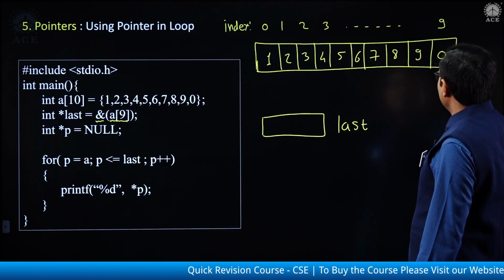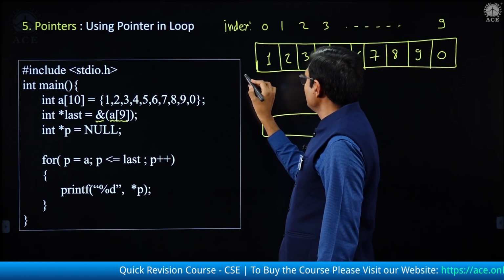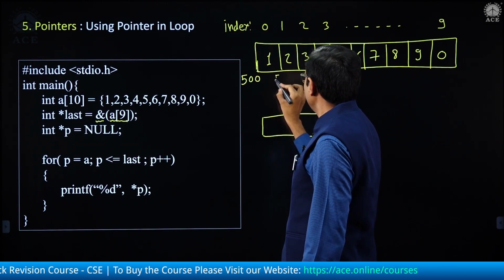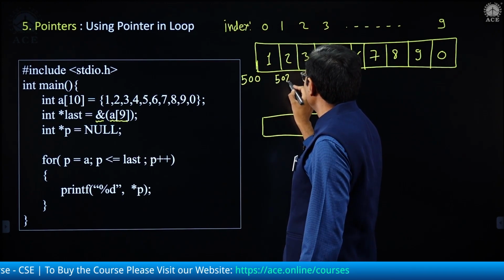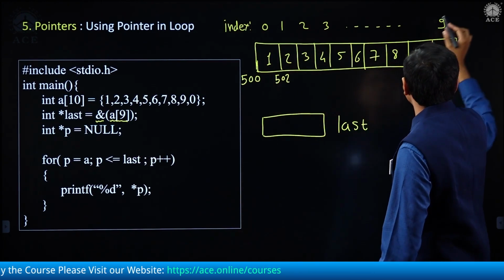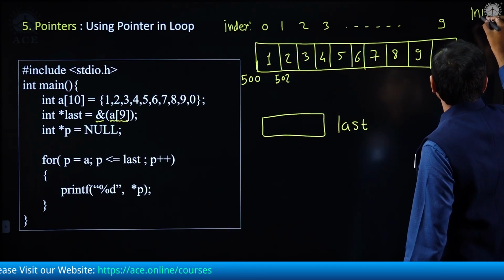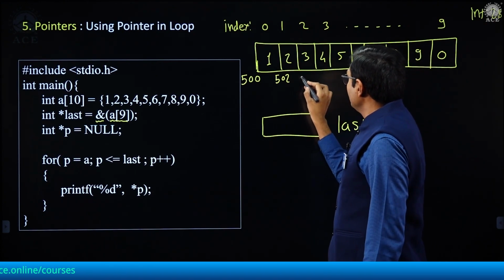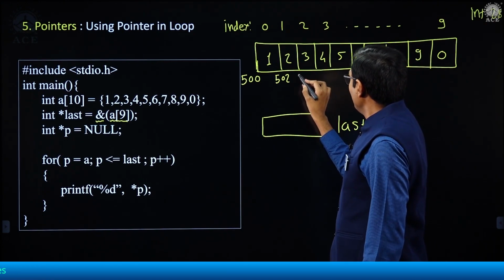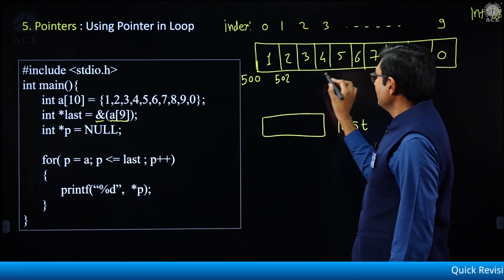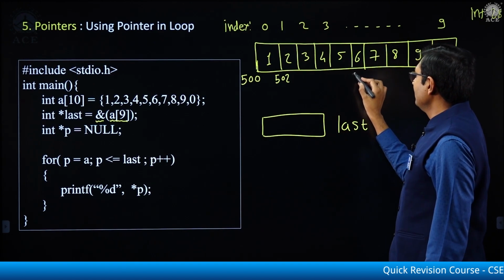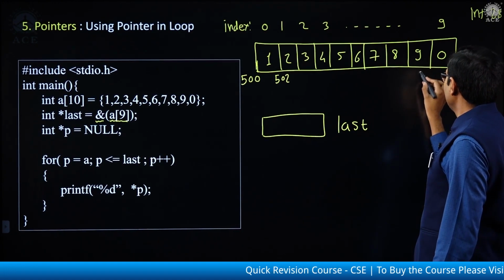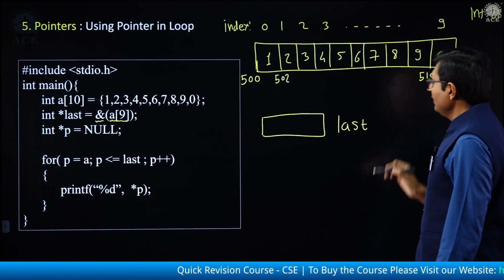So, address of this element, whatever be the address, let us give some dummy addresses here, starting with, let us say 500, 501, sorry 502, let me take. Integer we will consider of 2 bytes. 504, 6, 8, 10, 12, 14, 16 and 518.